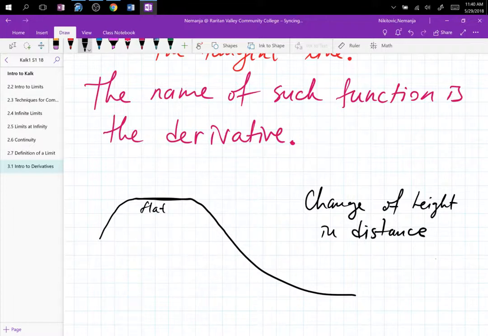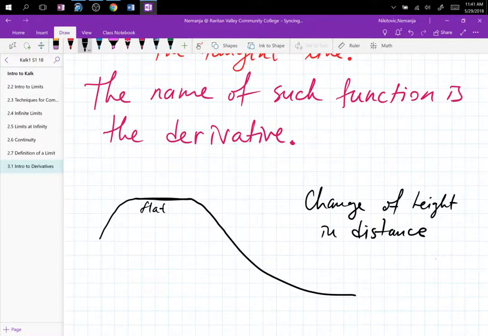Now, if I want to change the height, the time will pass. 1 second, it went up. 1 second, down. The change happened in time, and I will denote that later as dy dt. dy, change in height, dt, change in time.